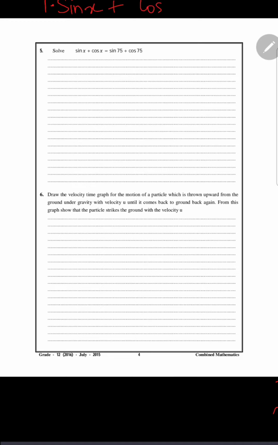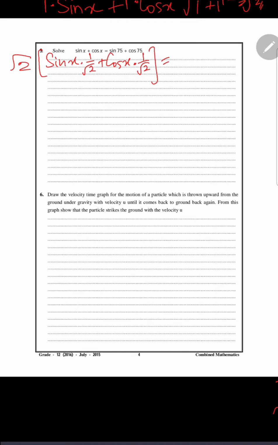Coefficient of cos x is 1. So square root of 1 square plus 1 square is root 2. So take that out. Root 2 inside brackets we get sin x 1 over root 2 plus cos x 1 over root 2.